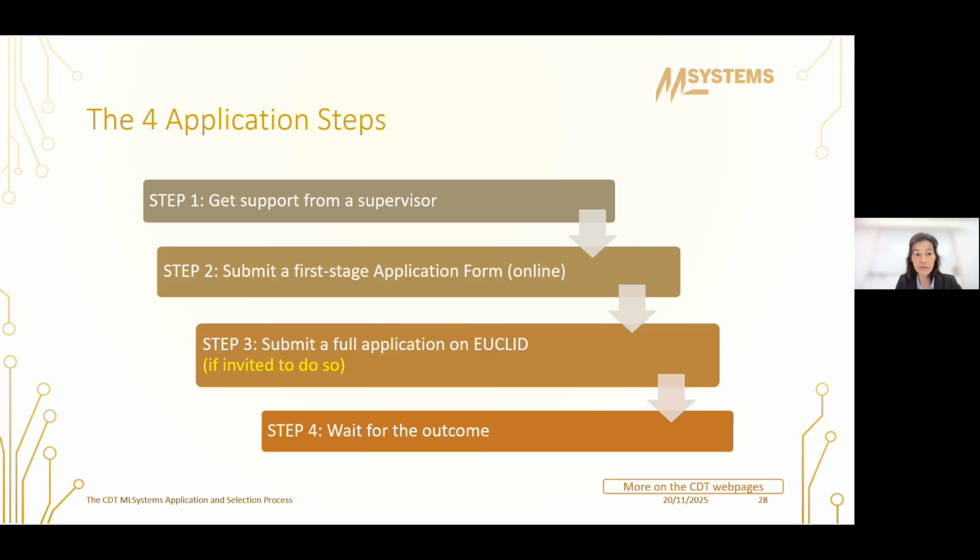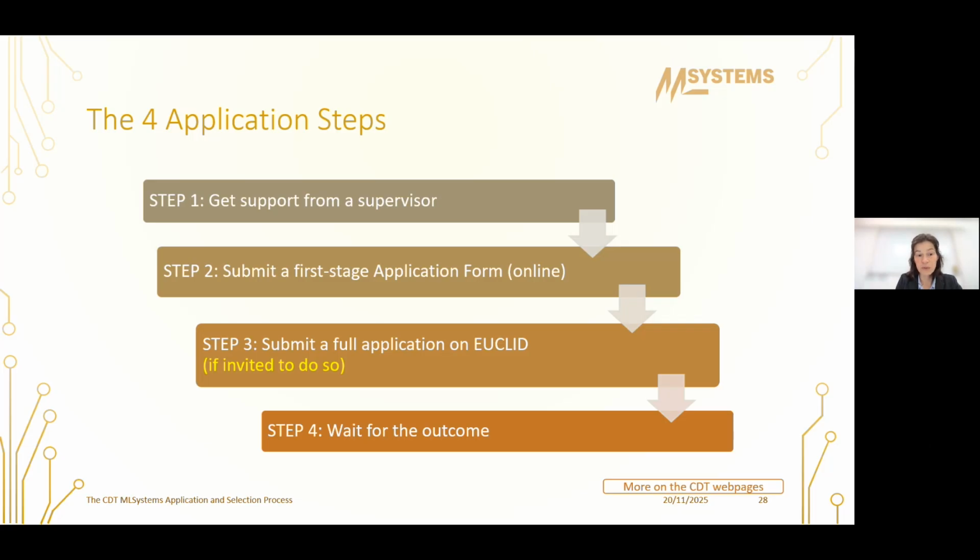In summary, for our application process, these are the 4 steps. First step is to get support from a supervisor. So approach any supervisor that is a potential good fit for your project, or contact the supervisor that is named on a company-linked project and get the discussion started with them.